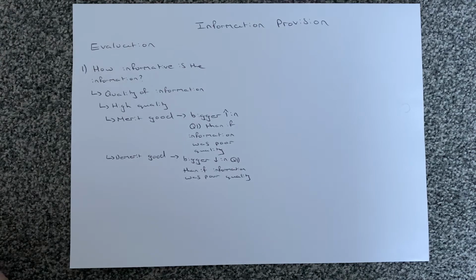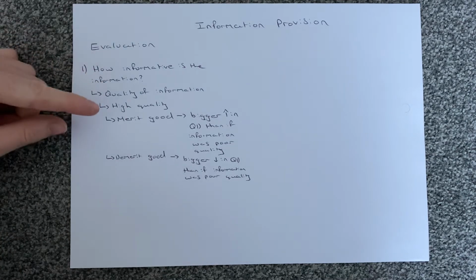So really the quality of the information is going to determine the impact on demand for a particular product. So if it's high quality, we're going to see a greater impact upon demand than if the quality of information was poor. So obviously here we've just looked at high quality.